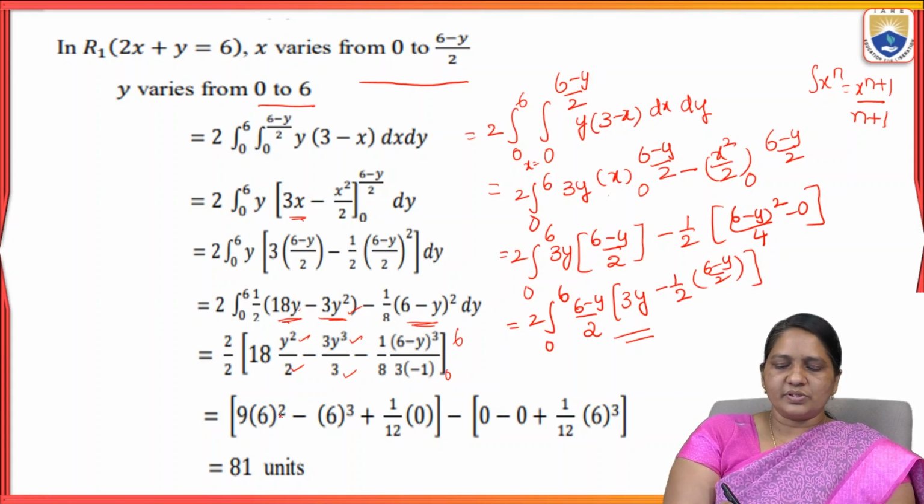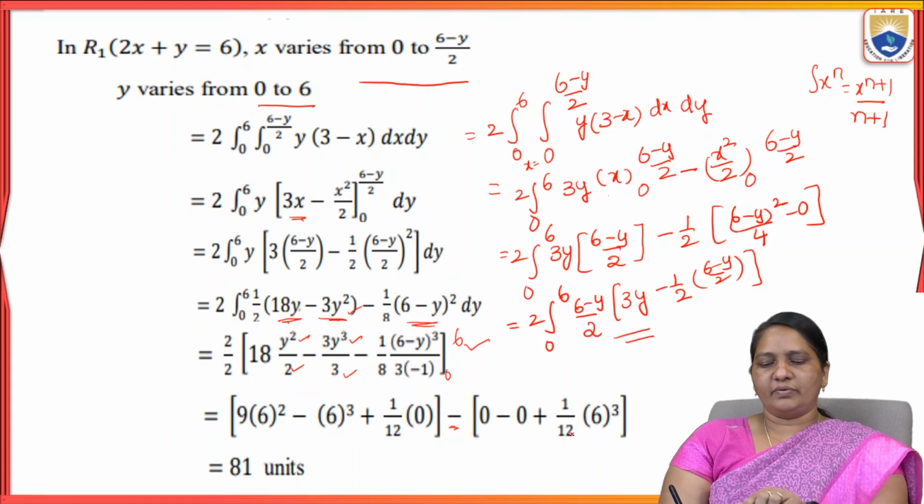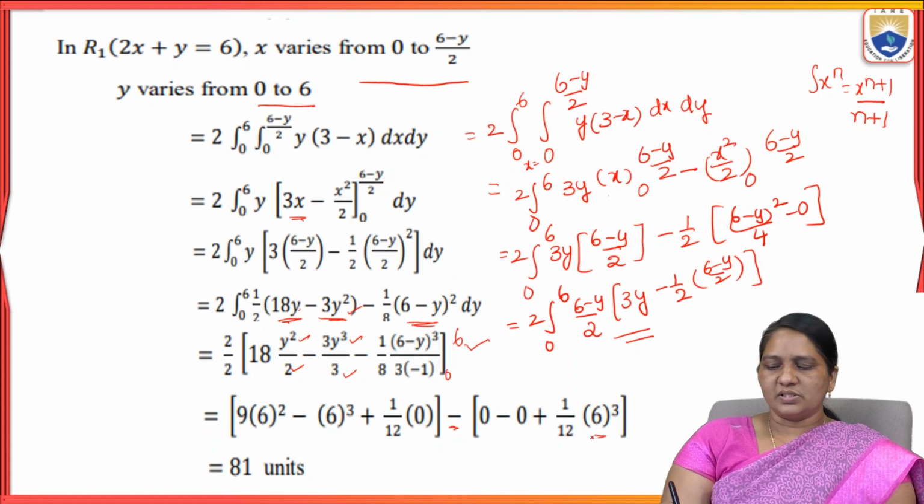So 9 into 6 whole square minus 6 whole cube plus 1 by 12 into 0, when you substitute that value, we get 0 here. This is upper limit minus lower limit. The lower limit is 0, so wherever you have y, you replace it with 0. The first term is 0, the second term also 0, plus the third term, 1 by 12 into, in place of y 0, a constant value will be there, so 6 cube.